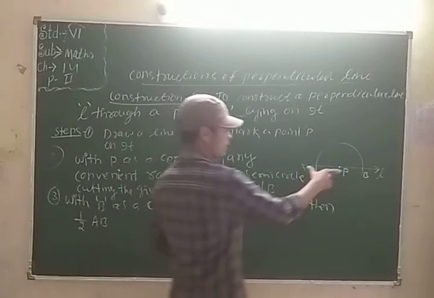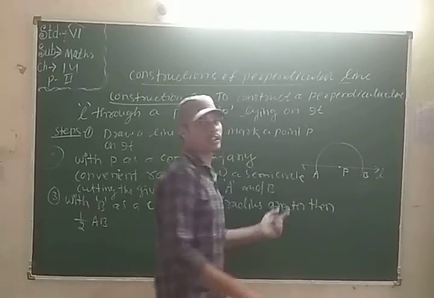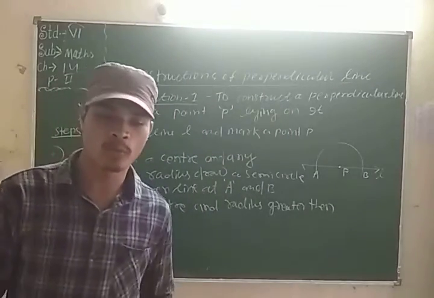How much is AB? AB is this much, so we take a radius greater than half of AB, that is, more than half.